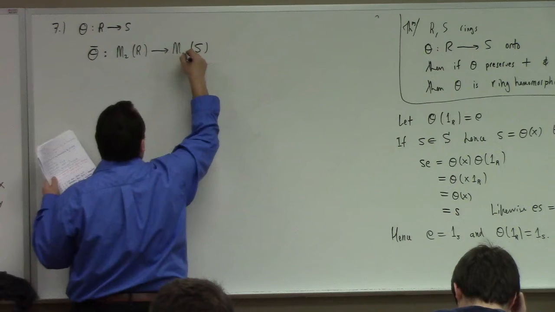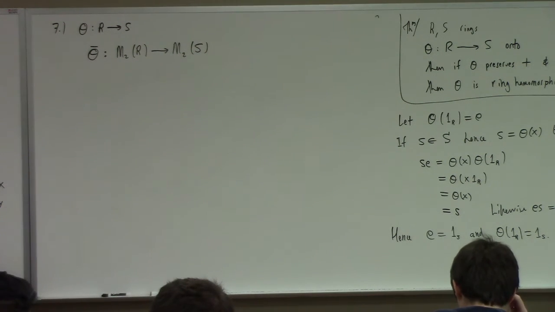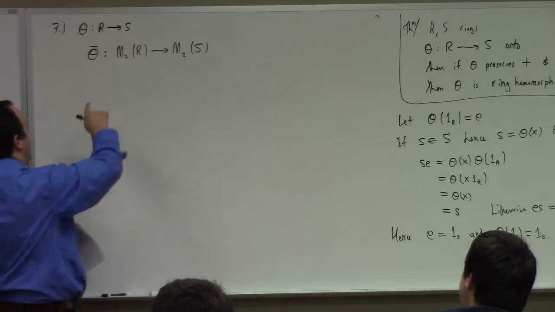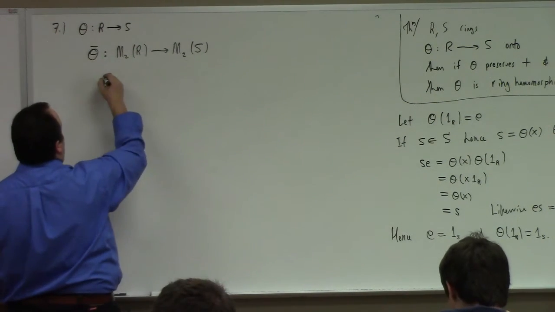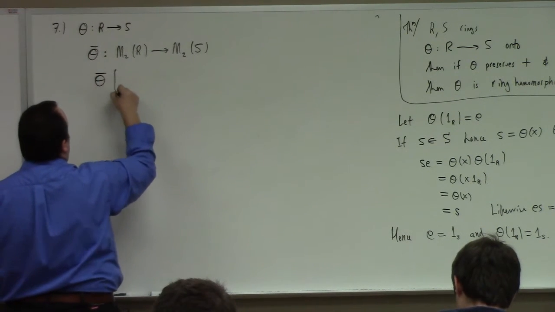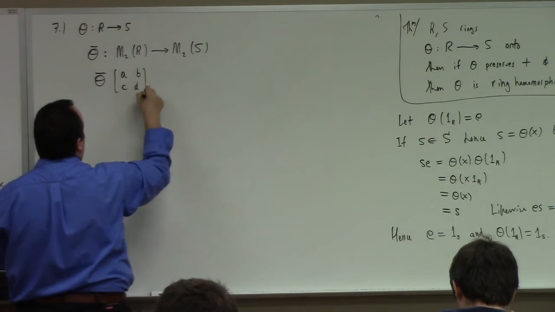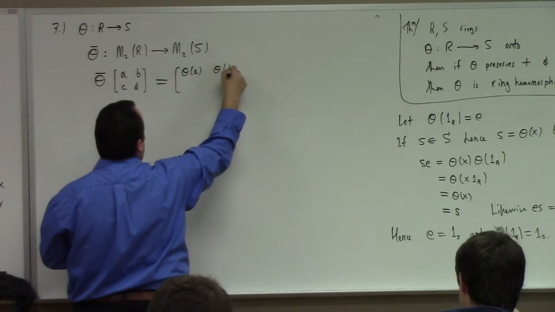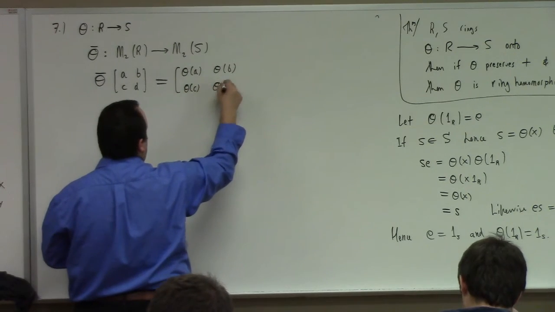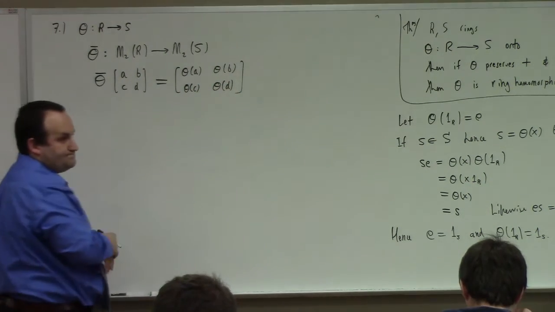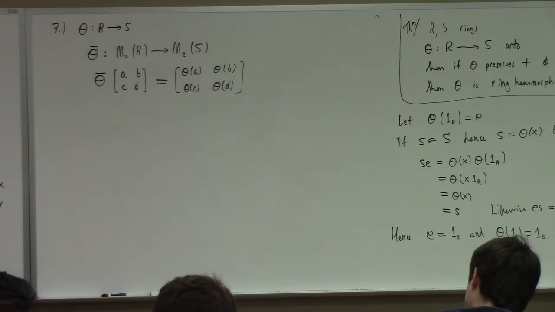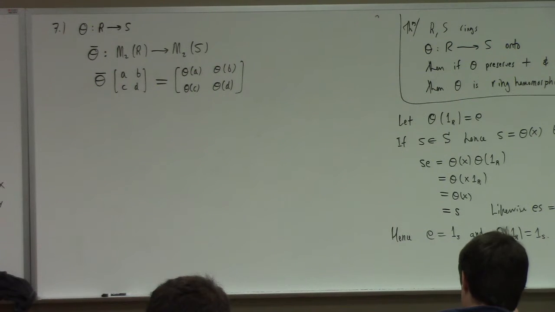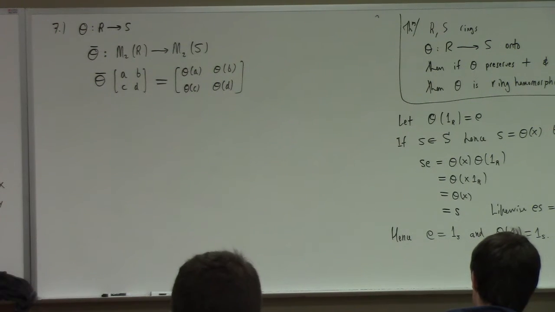I'll just keep it at a 2 by 2 example. And so theta bar of A, B, C, D is equal to, guess what? Theta of A, theta of B, theta of C, theta of D. And it's relatively easy to show that that is in fact a ring homomorphism from 2 by 2 matrices over R to 2 by 2 matrices over S.